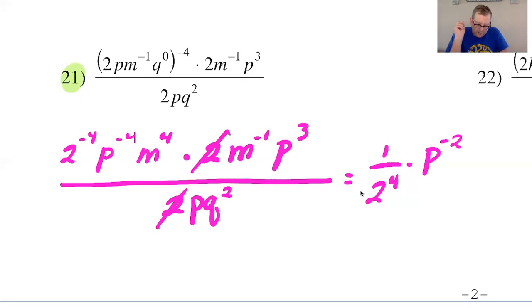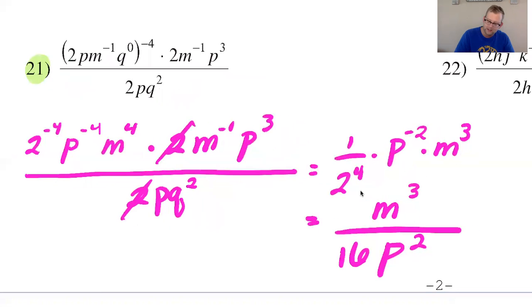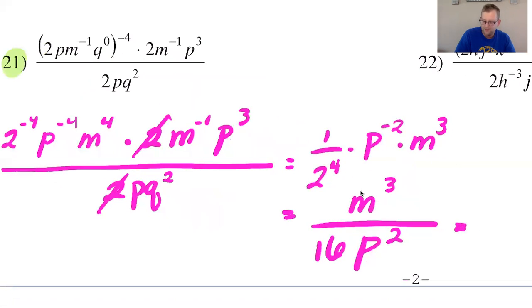And then m is the only thing, let me just make sure that nothing here is, okay, we're good. m to the 4th times m to the negative 1 is going to get us m cubed. So m cubed will stay up top. And then 2 to the 4th is 16. And then this becomes p squared. And then we cannot do anything past this point, okay?